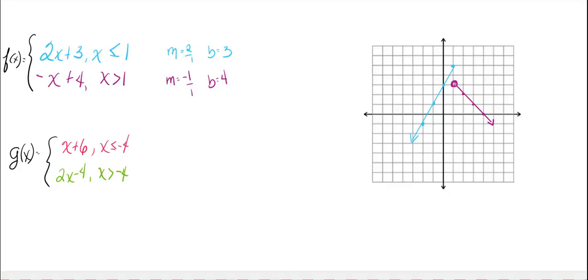And this does pass the vertical line test. So I have just graphed a piecewise function by hand. I would like for you to pause the video and try to graph the second one that I've listed here, the pink and green piecewise graph, on your own paper, and then come back and see if you got the same answer that I did.